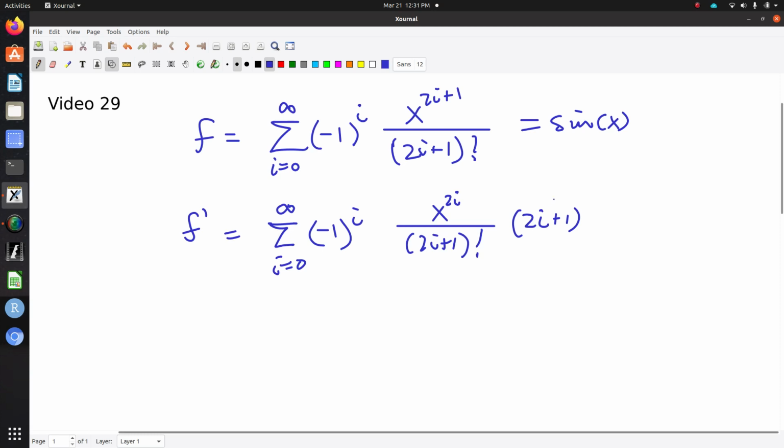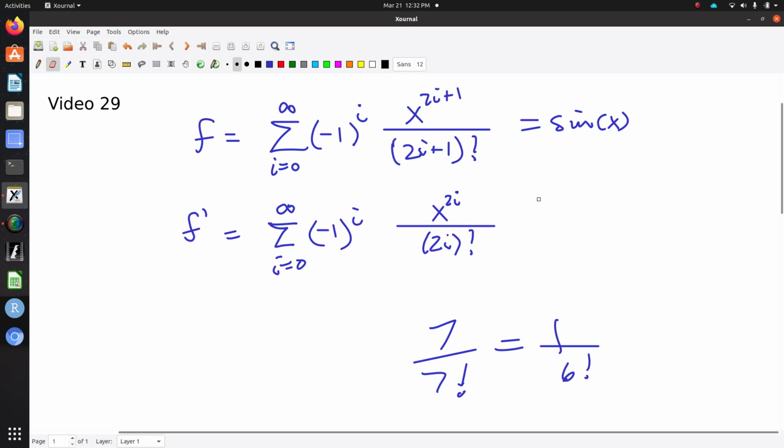But what happens when you have a factorial in the denominator? If you had this kind of thing, this is just 1 over 6 factorial because the 7's cancel out, but the rest of that factorial is still there, right? So you end up with 2i factorial, and so that is cosine.